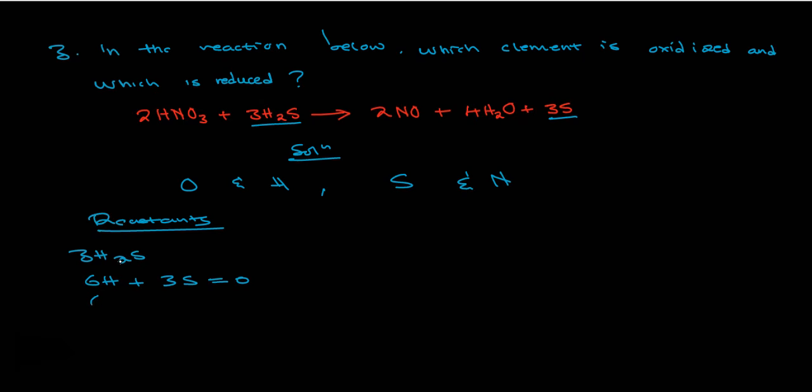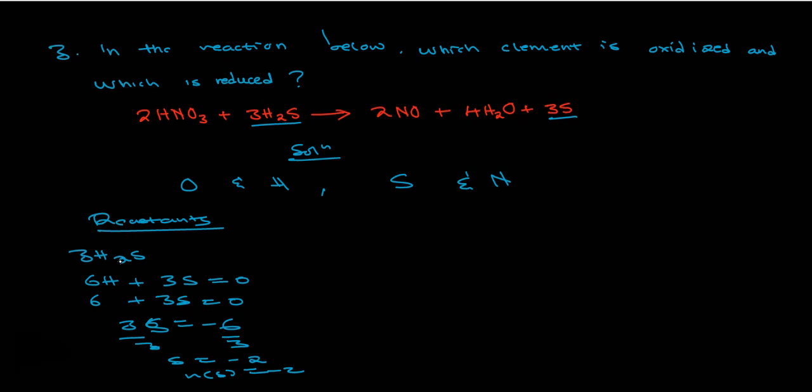Hydrogen in any compound is +1. So 6 and 3S is equal to 0. Taking that to the other side, we have S to be -6, dividing by 3, sulfur is -2. The oxidation number for sulfur is -2.